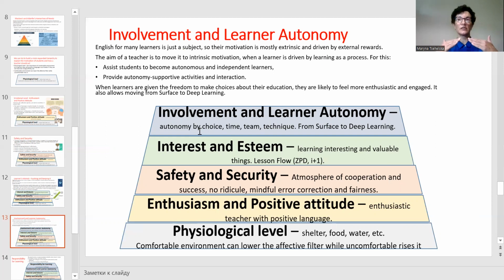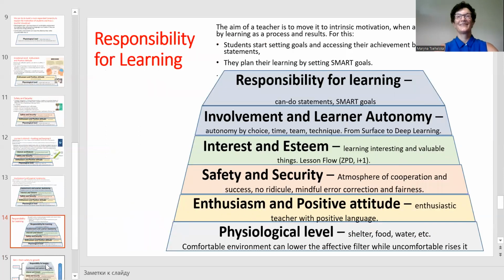And it also makes the progress from surface learning to deep learning. So we're close to the end of this pyramid.